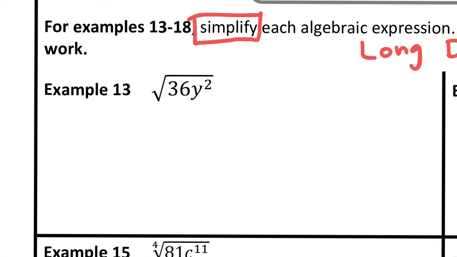So first thing to note is that we can do the following. If I have the square root of two different types of numbers, I have 36 and y squared. If I have them inside of a root, I can actually separate them into their own roots.